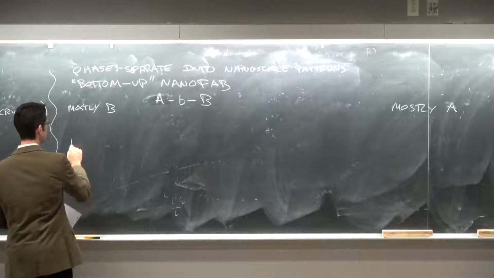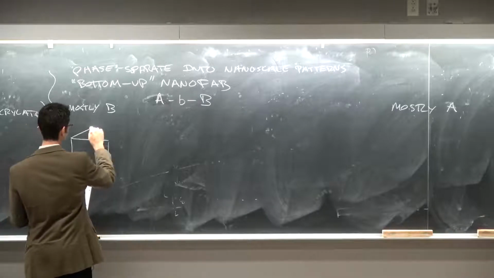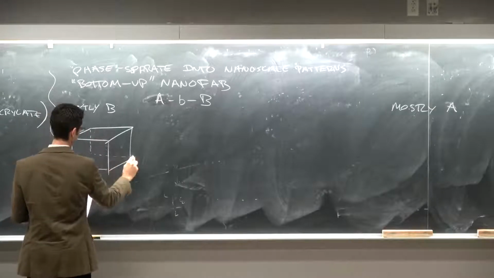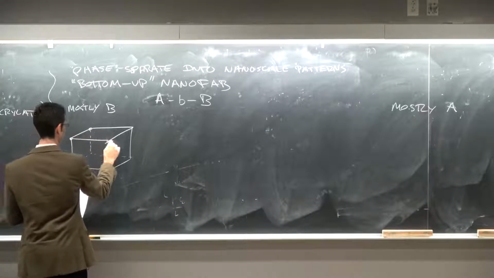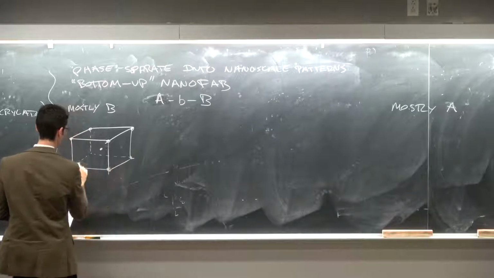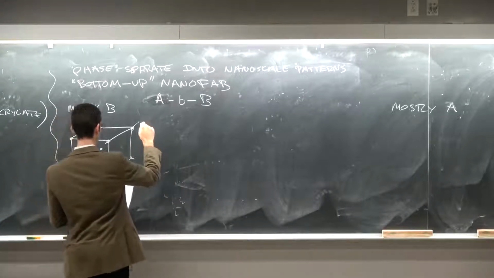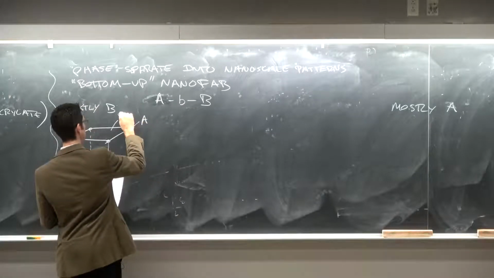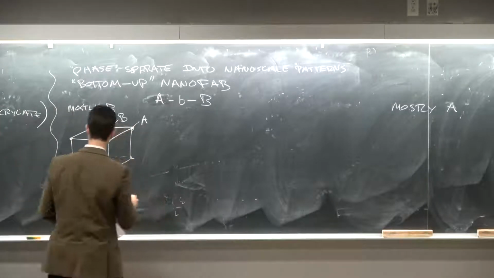Okay, so if you got mostly B at the beginning, you get a structure that is called the cubic structure, where in these drawings the filled in parts are A and the contiguous phase is B. This is cubic.